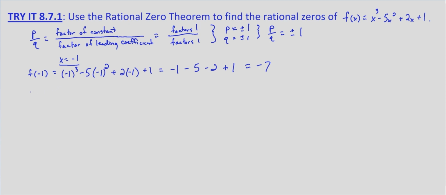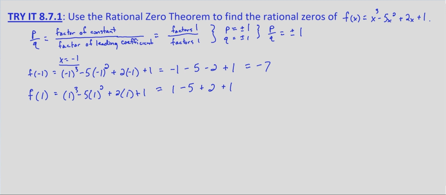So we'll look at our other possible rational zero of 1. So f of 1 equals 1 cubed minus 5 times 1 squared plus 2 times 1 plus 1. 1 cubed is just 1. 1 squared is just 1, so this would be minus 5. 2 times 1 is plus 2, and then plus 1.